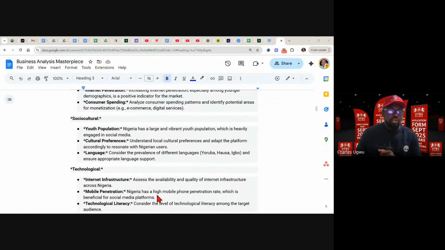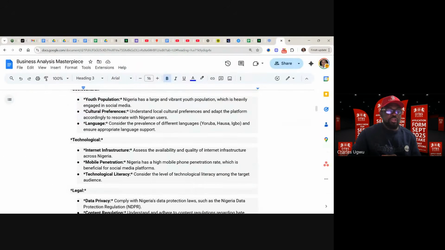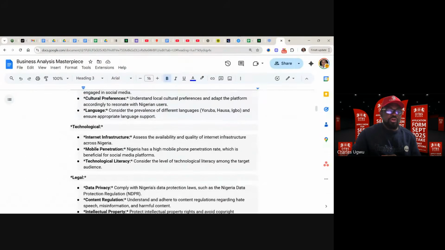Then you see technology, like internet infrastructure, mobile penetration, technological literacy. We are very good on this. We have good internet infrastructure, and it is increasing.